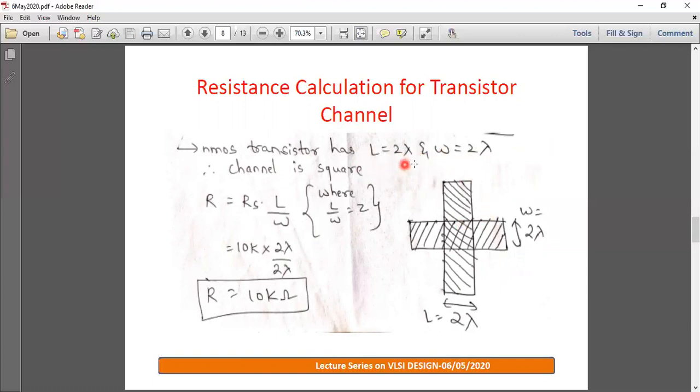I mean the standard size of an N transistor. So resistance is given by sheet resistance into L by W. Since it is an N transistor channel, sheet resistance for NMOS is 10K, L is 2 lambda, W is 2 lambda. Therefore, resistance offered by the N transistor channel is 10 kilo ohms.